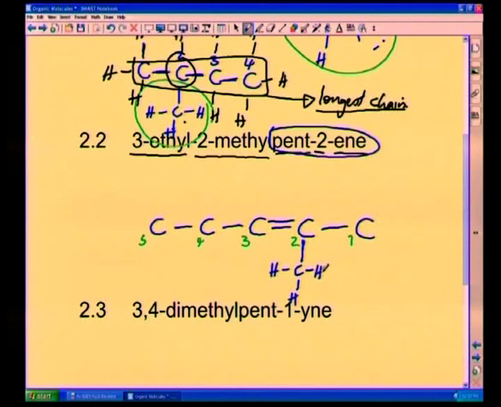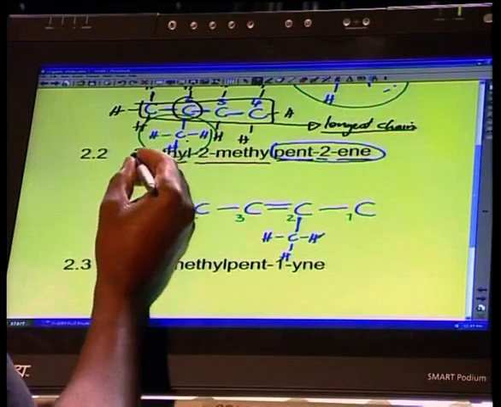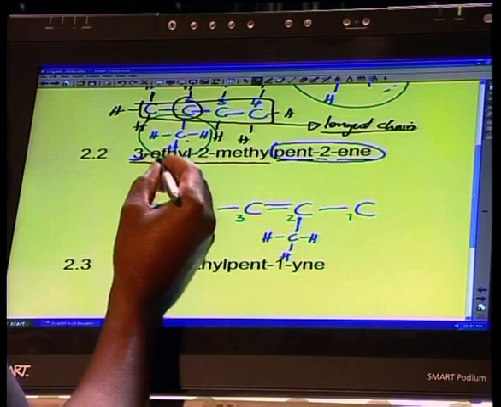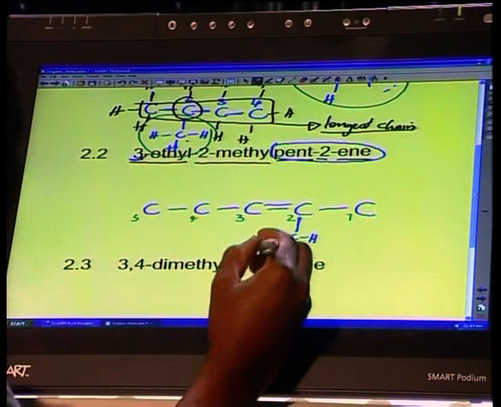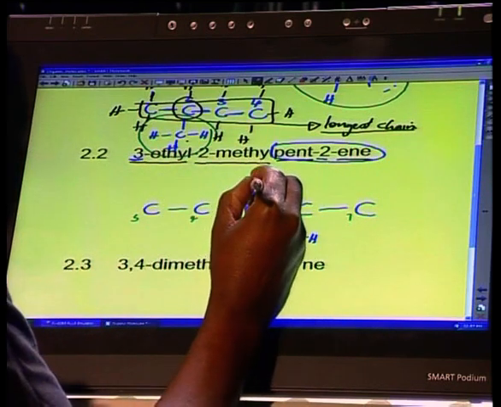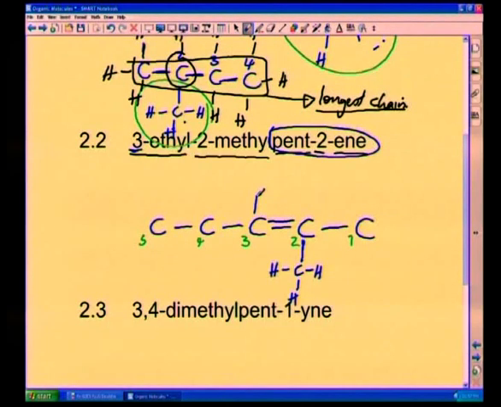Now I continue. It says on carbon number 3, I've got an ethyl group. So on carbon number 3 here, I've got an ethyl group, 2 carbon atoms. So I would have that, and those will be bonded to hydrogen. Pardon me for the space, but I think you can see what I am doing there. That is your ethyl.